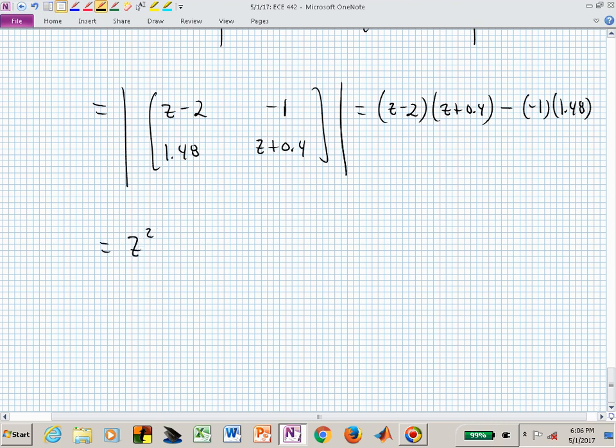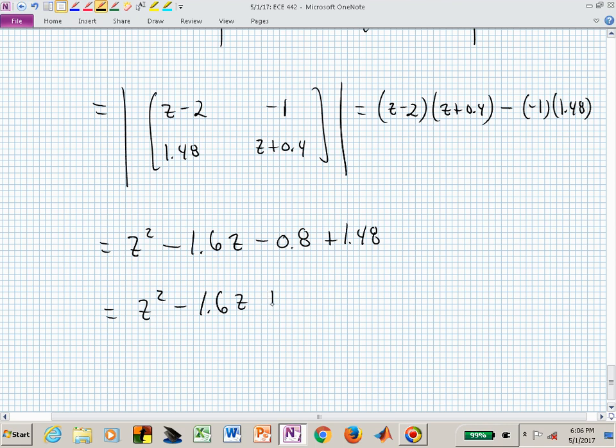And now we have z squared. We have the linear terms are now -2 plus 0.4, or that will now be minus 1.6z. We have minus 0.8 plus 1.48, or we take 1.48 and subtract 0.8.